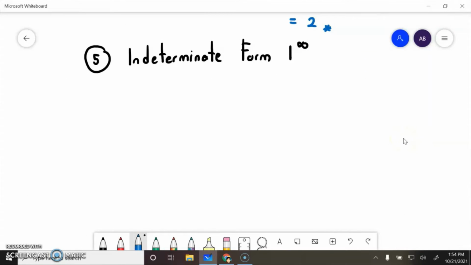So let's find the limit x approaches infinity of 1 plus 1 over x, to the x. By direct substitution, when x is infinity, that will give you this form: 1 to the infinity, right? So how to solve this?